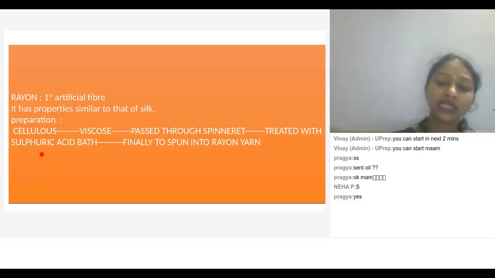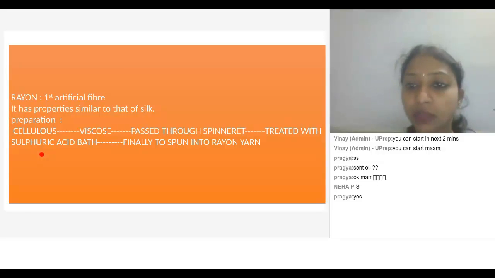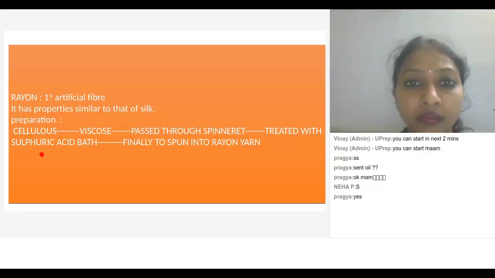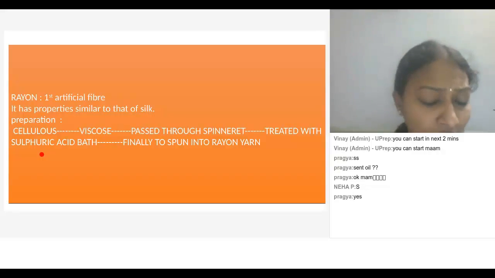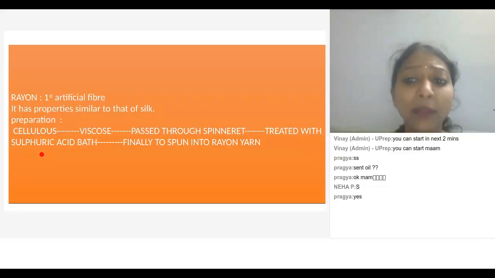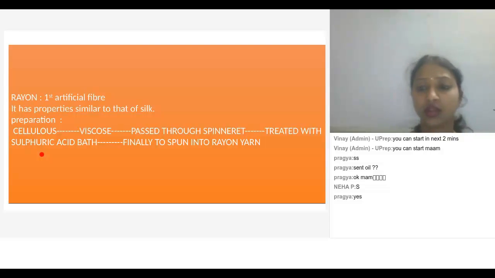Especially when we prepare paper, the paper is mainly made up of cellulose only.